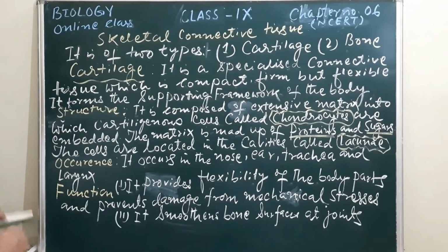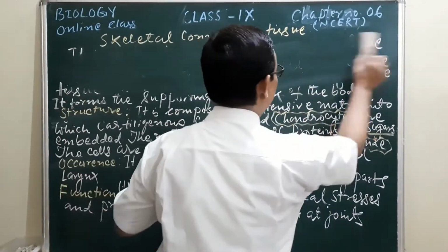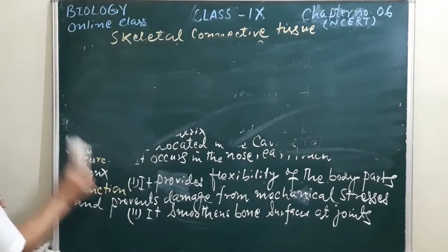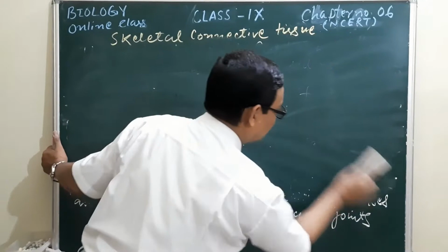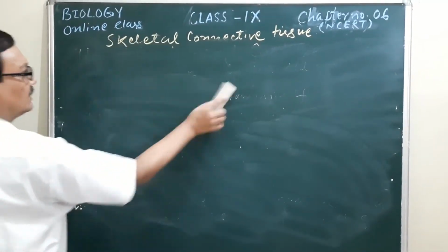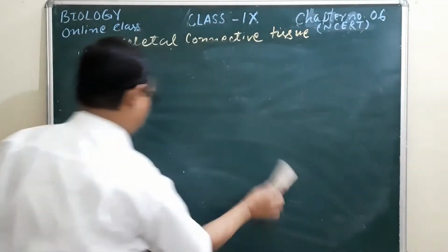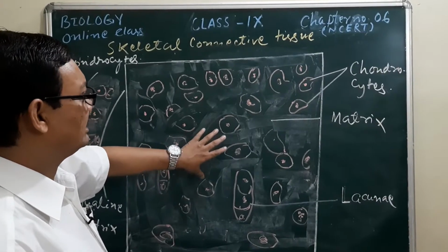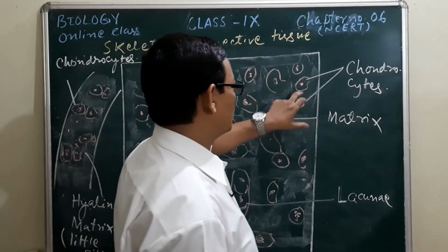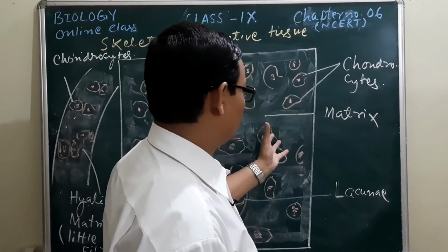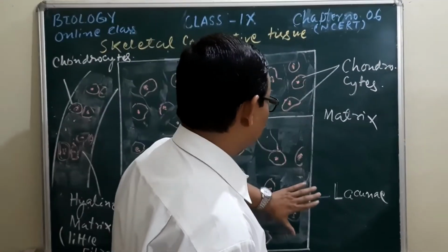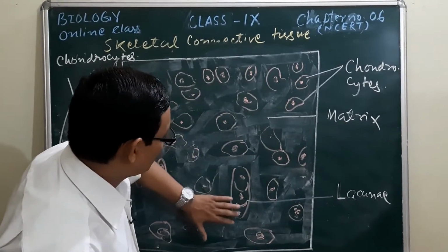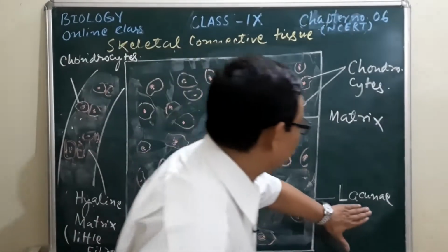May you look at the diagram and see clearly the cavities which are known as the lacunae and the other parts. Diagram of cartilaginous tissue: here the chondrocytes, which are the cells of this tissue, and the matrix where the cells are embedded, and the cells are enclosed within a cavity, that is the lacunae.